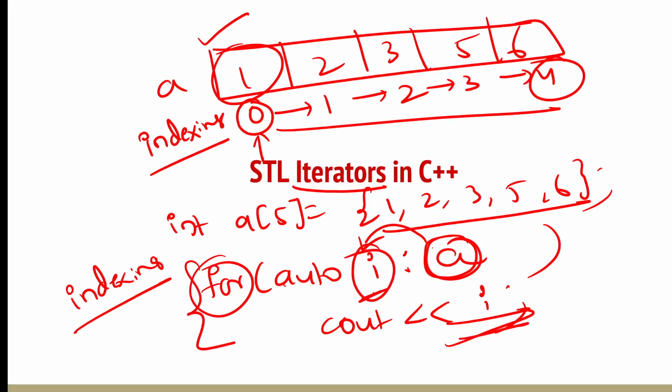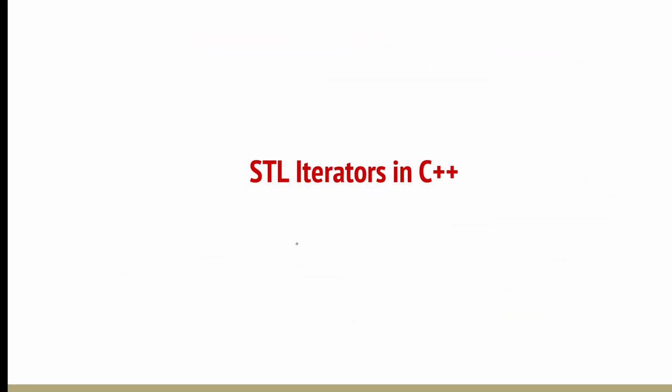Here this is also an iterator variable, but here this iterator is referring to the content of the array, not the indexing, right. So, iterators in C++ can help us to play with the values which are stored in the containers. Let us understand them in detail with some examples and types of iterators.